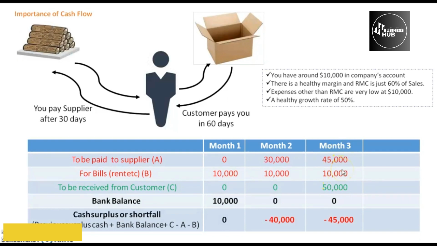So minus 55,000 plus 50,000 is minus 5,000, plus the earlier minus 40,000, so all in all minus 45,000. The same story continues month on month, though your company is making good sales and having a good growth rate.